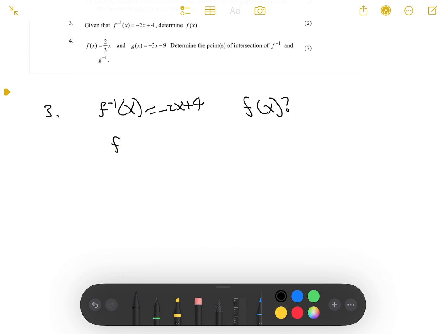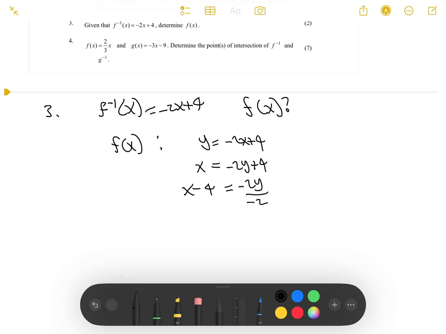So f of x will therefore be, we're starting with y is equals to -2x plus 4. So we'll have to interchange the two. So we therefore have x being equals to -2y plus 4. And then from this, we get x minus 4 being equals to -2y.